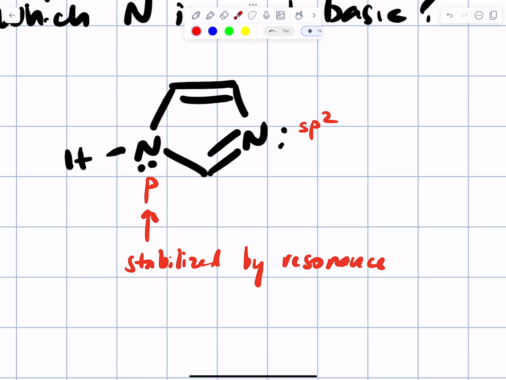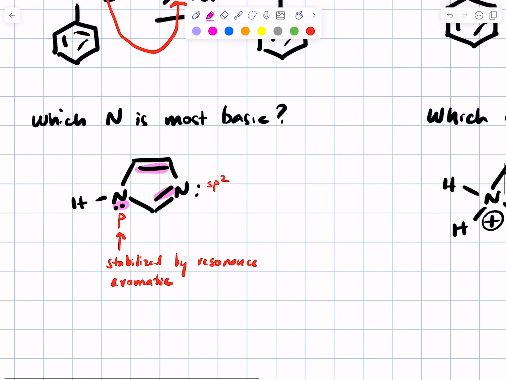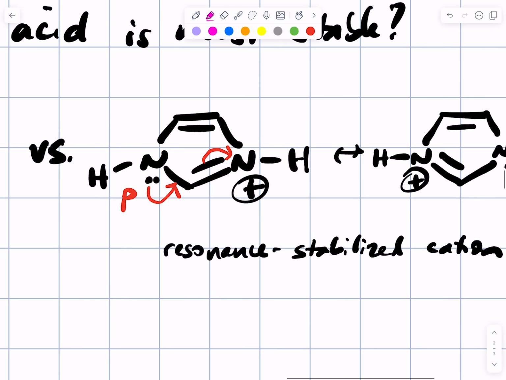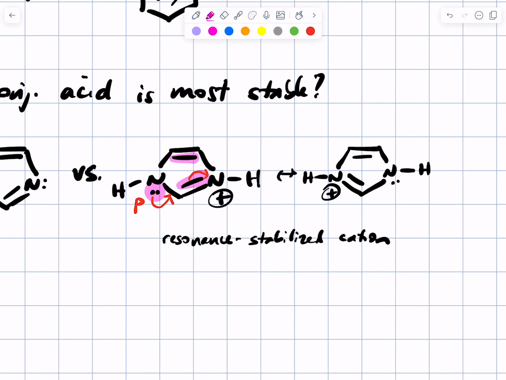What would you call this ring? Go ahead. Aromatic ring. Yeah, and you know that that's aromatic because it's cyclic, it's fully conjugated, and it's got 2, 4, 6 electrons, right? So aromaticity stabilizes lone pairs. If you come over here, one of the things you notice is that the conjugate acid where we protonate on the nitrogen on the right is still aromatic.